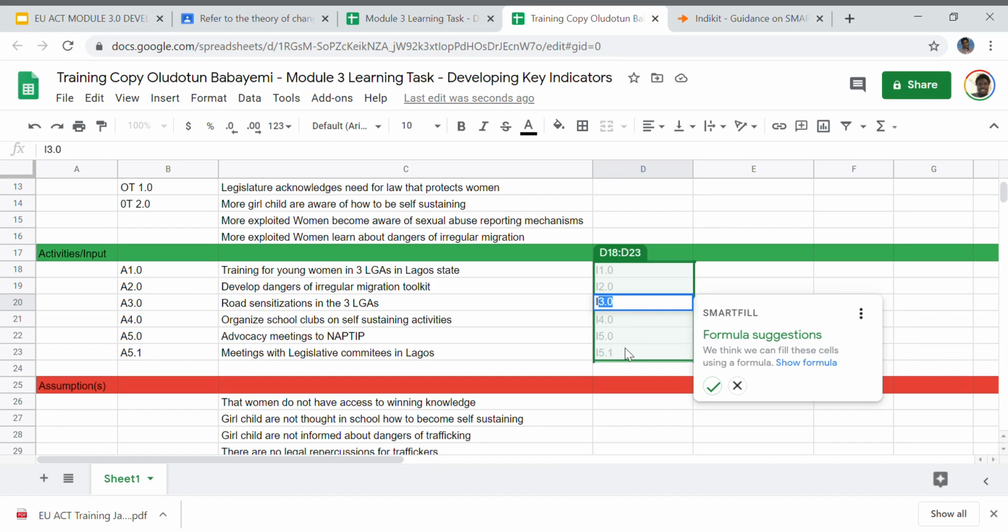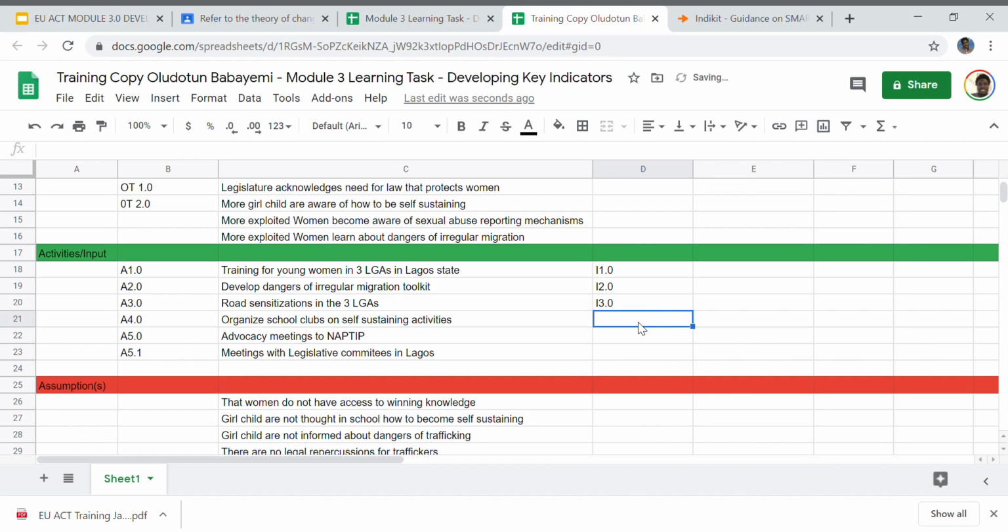So you can go on and do that, right? I 4.0, or in whatever way you can decide to put that together, it's fine. I 5.0.